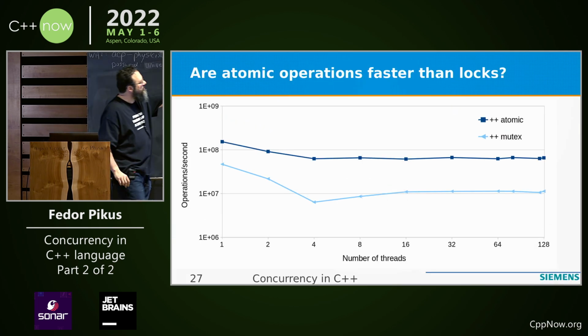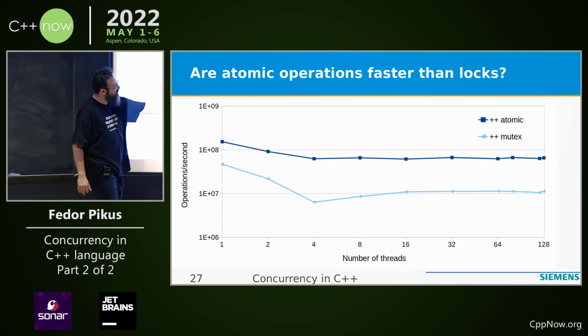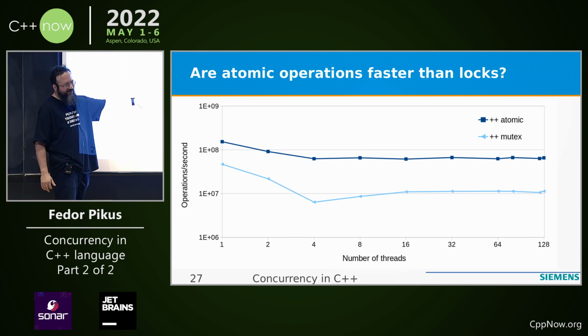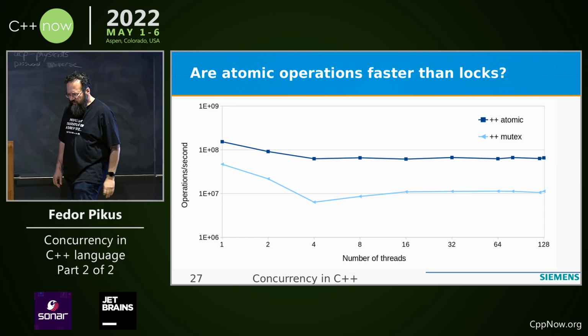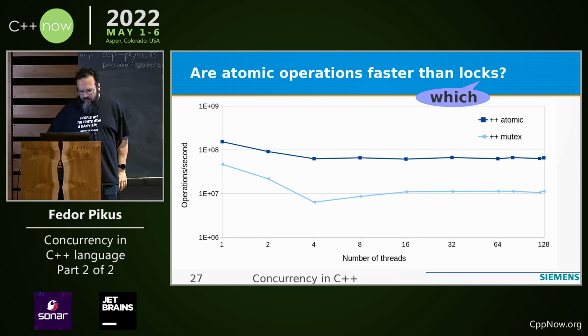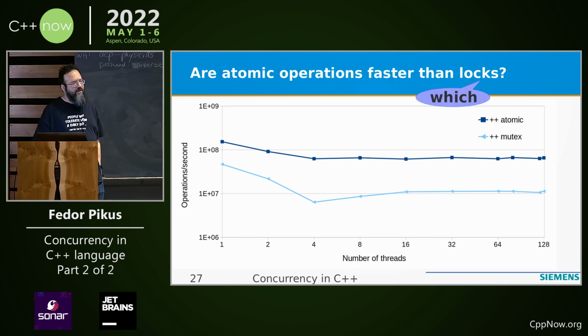So, obviously different hardware, 128 threads. So it actually had 128 cores, a big Haswell processor. Mutex, atomic. An order of magnitude faster. Well, there are more locks or mutexes than std mutex.